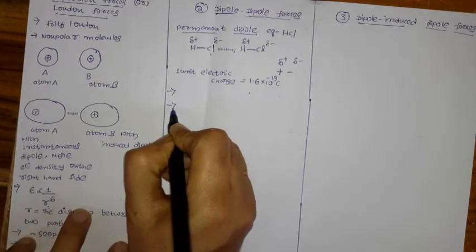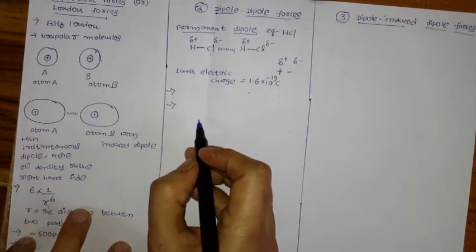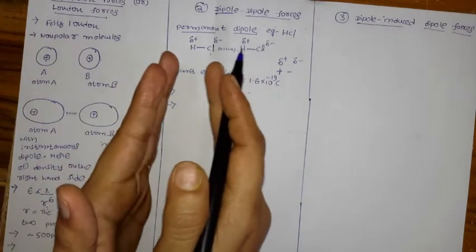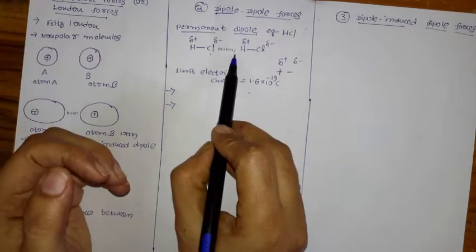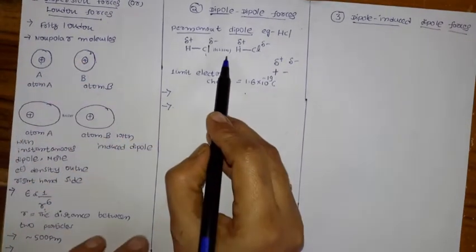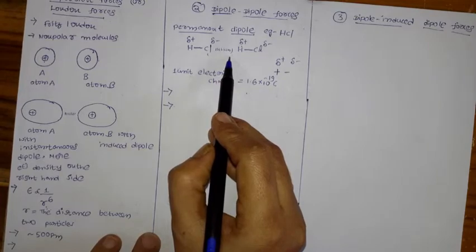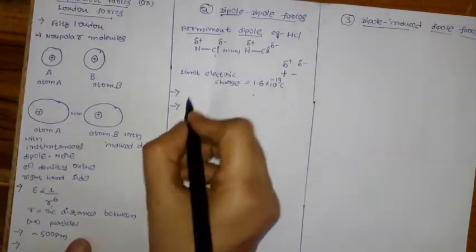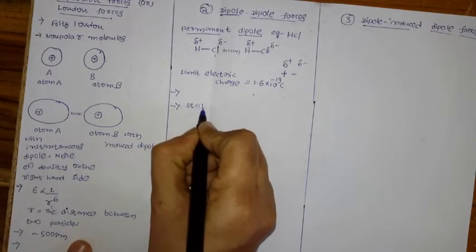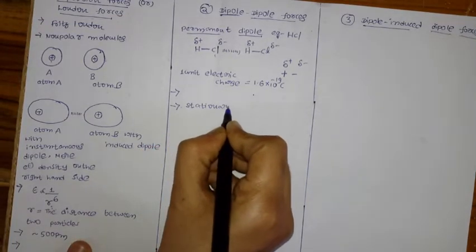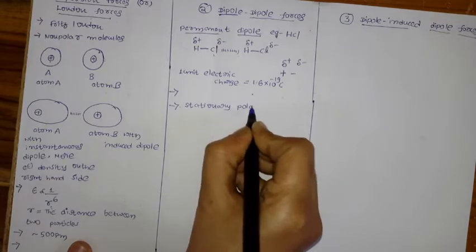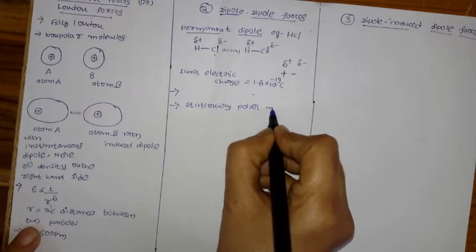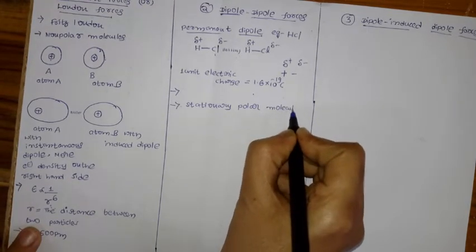Next, the attractive forces decrease with increasing distance between the dipoles. If you increase the distance, the interaction is going to decrease. If the distance decreases, the interaction is going to increase. Now come to the energy. Here we have two types of molecules. One is a stationary polar molecule.